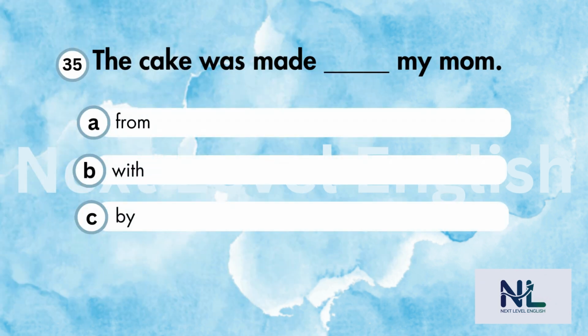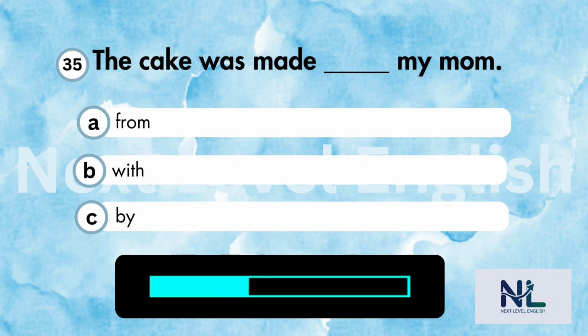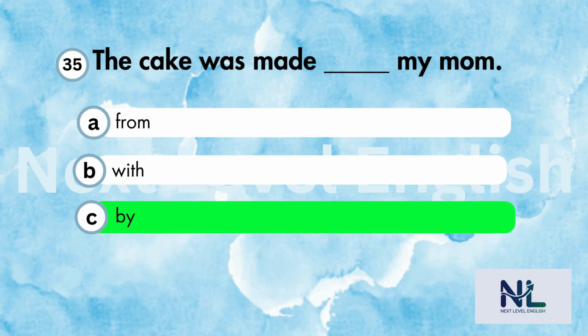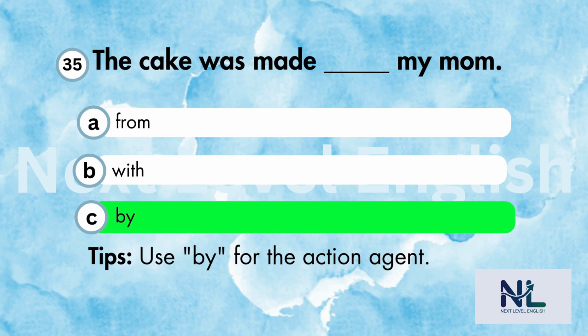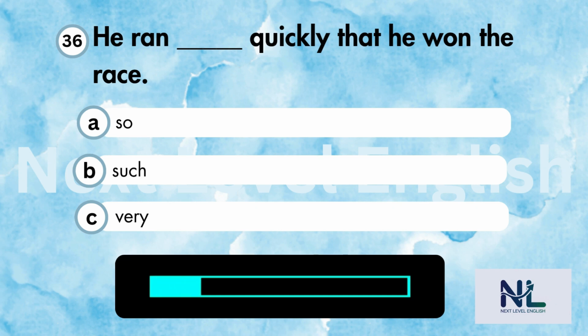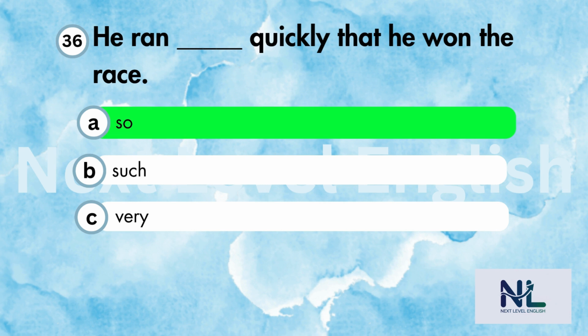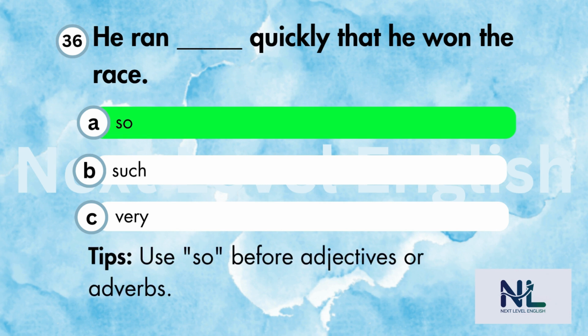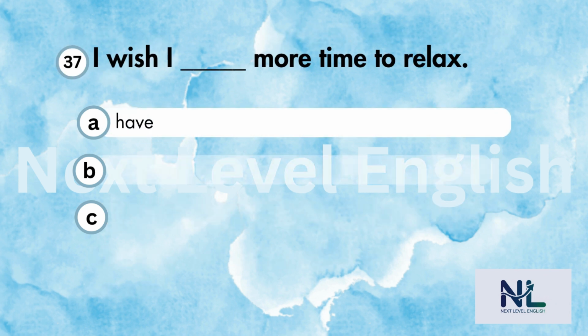35. The cake was made my mom. By. Tips: use by for the action agent. 36. He ran quickly that he won the race. So. Tips: use so before adjectives or adverbs. 37.